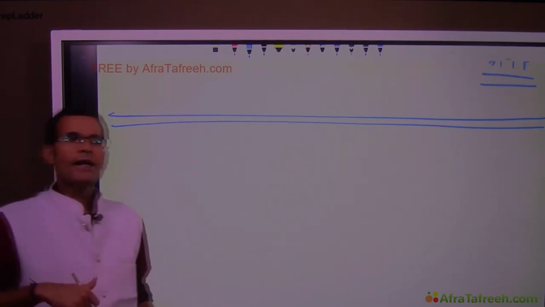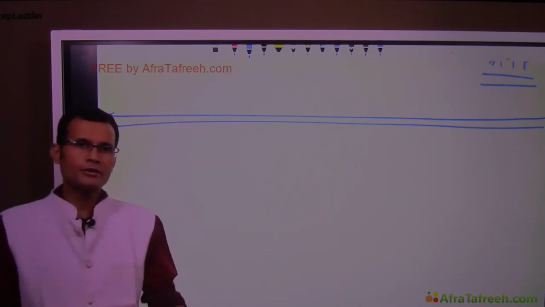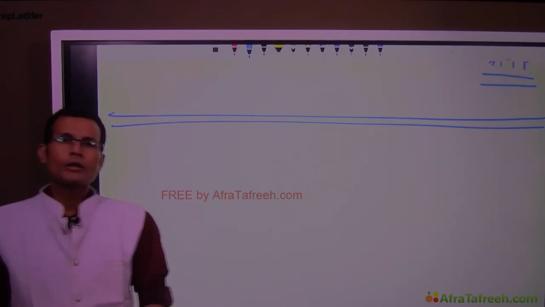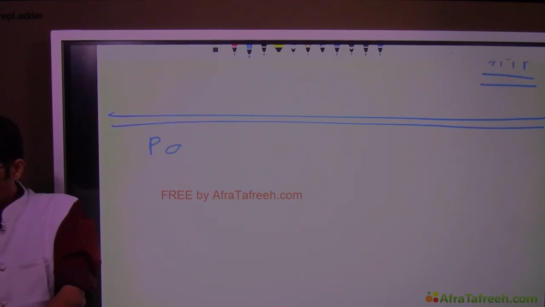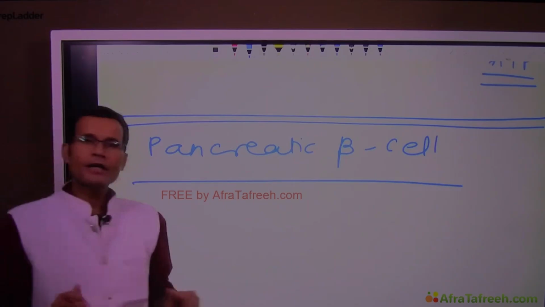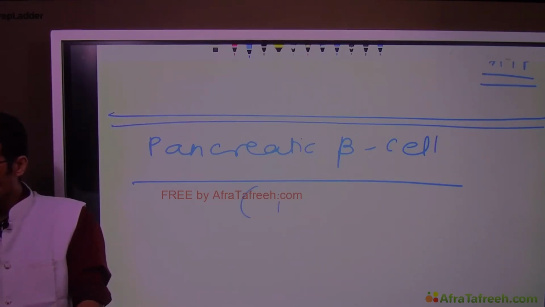Well, let me just add one more example of ATP sensitive potassium channel, because this will be discussed even later on and it's required in pharmacology as well. One more place where we have ATP sensitive potassium channel, and that is the pancreatic beta cell. We are talking about secretion of insulin.